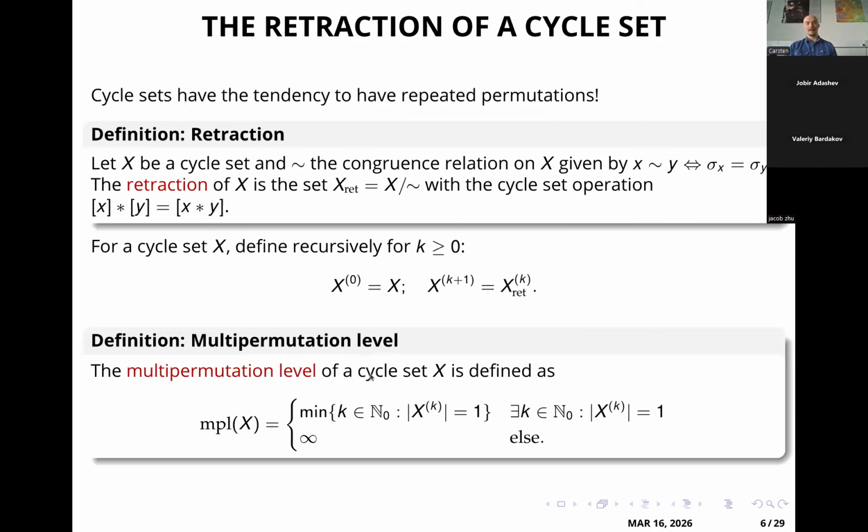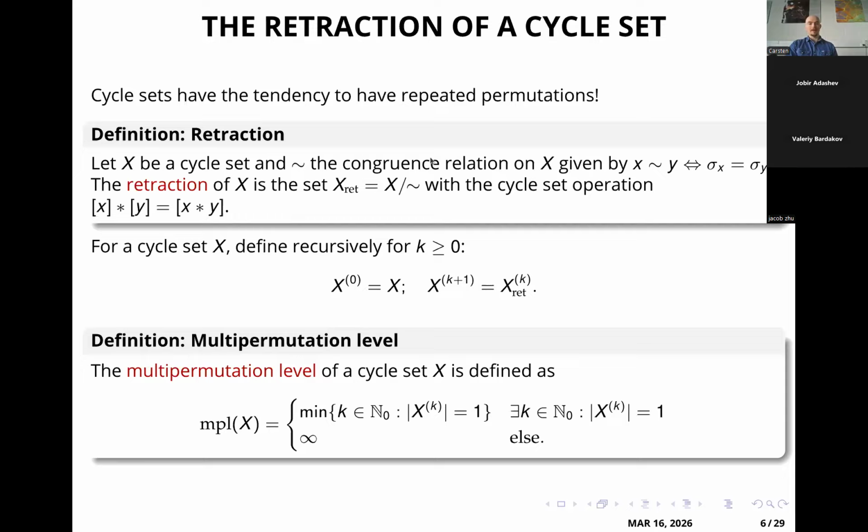And if we identify rows that are equal in the multiplication table, then in fact we get a congruence relation. So given a cycle set, we can define a congruence relation, the so-called retraction relation, by identifying x and y if and only if their left multiplication maps are equal.